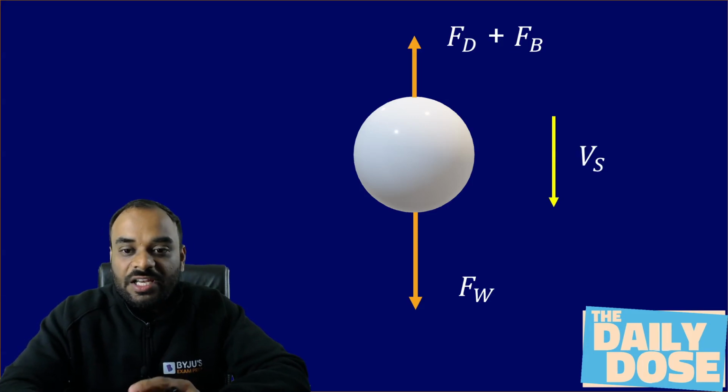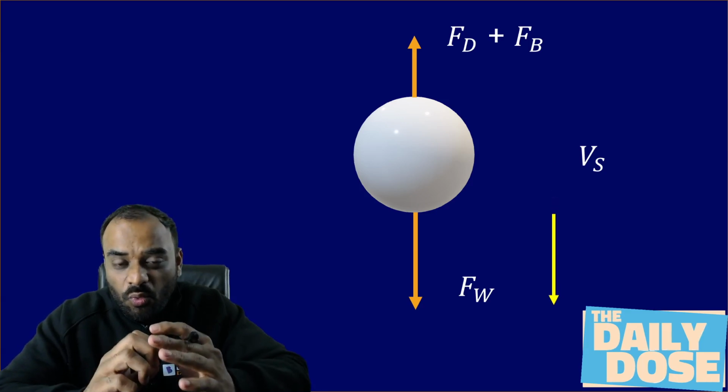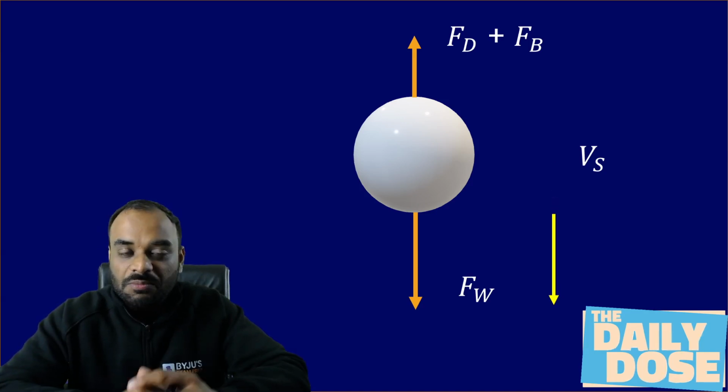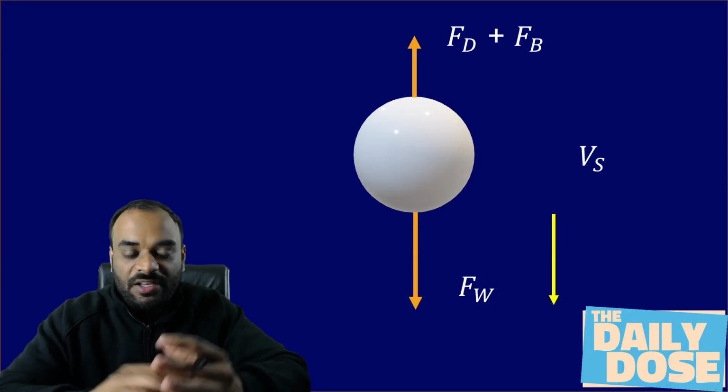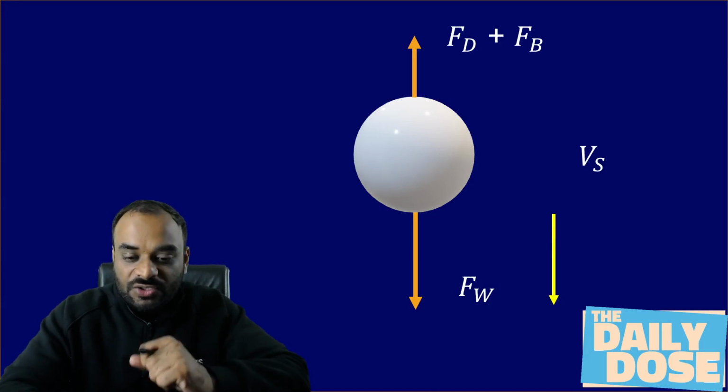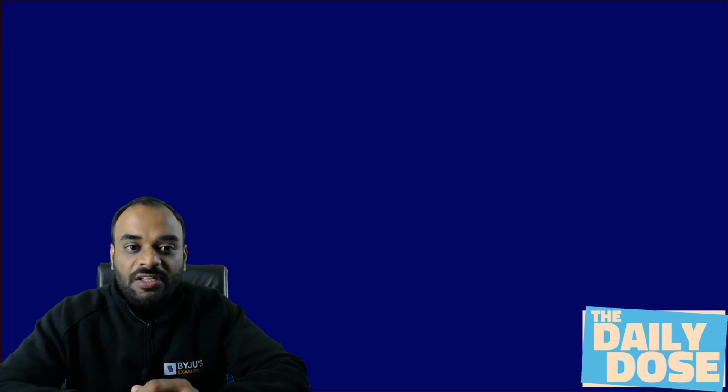So guys, we need to understand why this particular particle is moving downward, and the second one is how we can apply the concept of engineering mechanics in this particular analysis. So let's understand with this particular calculation.